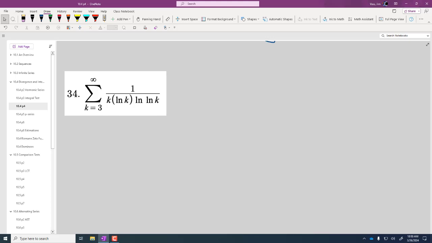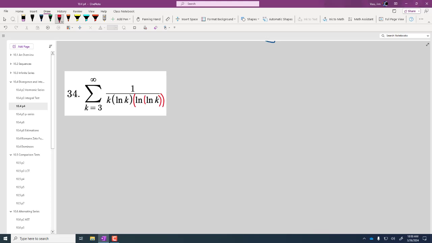So this natural log of natural log, that's still bigger than 1, but it's going to grow a little bit slower than just natural log of k. Why are they so obsessed with this function? They want to know the threshold. How close can we get?